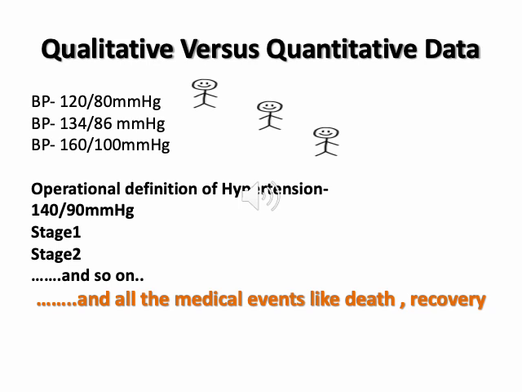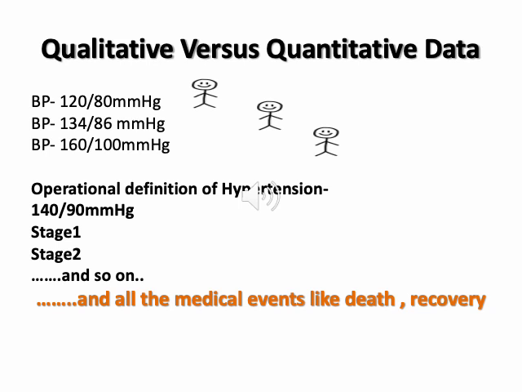Person 2 is having 134 by 68 mm of Hg, and person 3 is having 160 by 100 mm of Hg. If I ask you, whom would you like to call first in your clinic? Your answer will definitely be person number 3, because he is having more systolic and diastolic pressure compared to person 1 and person 2.